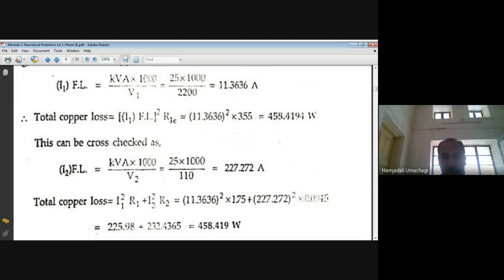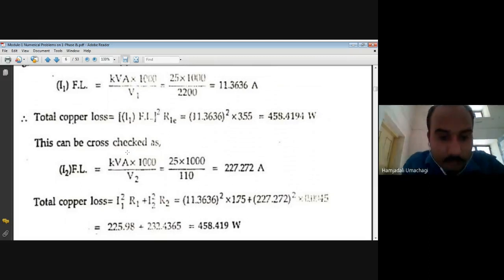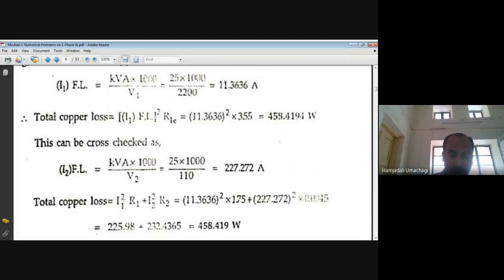So here we are just cross checking whether this answer has the same value with the separation of copper losses, calculation of copper losses on primary and secondary, that is I1 square R1 and I2 square R2. Is it the same as the earlier calculation or not?